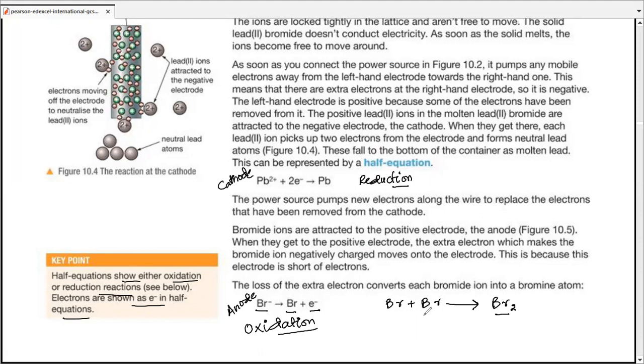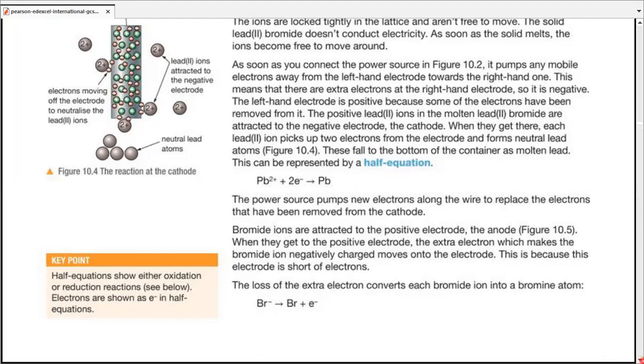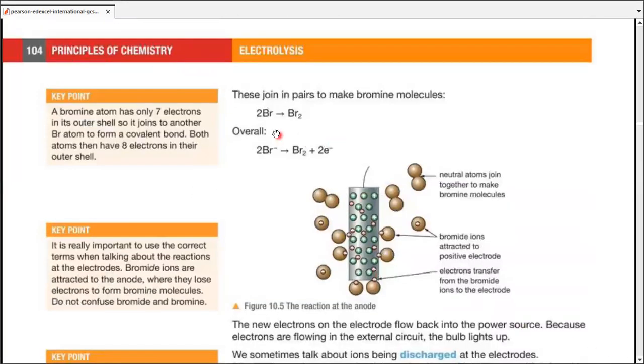Yes. As bromine quickly reacts and forms a bromine molecule, we write its equation a little bit differently. So 2 bromine atoms are going to form a bromine molecule. The overall equation is always written like this: 2 bromide ions are converted into a bromine molecule after giving out 2 electrons to the electrode which required it.